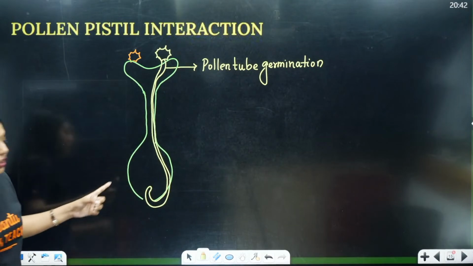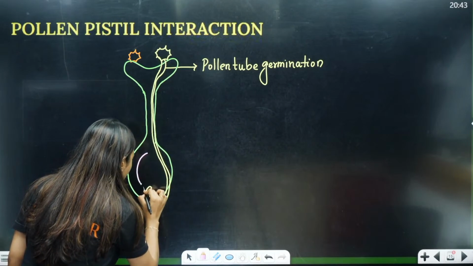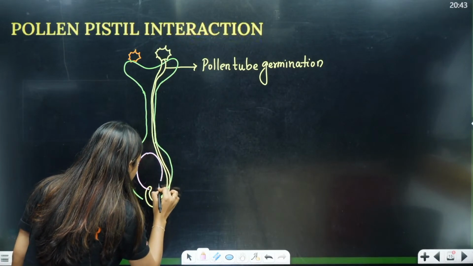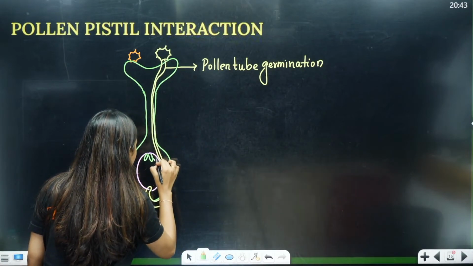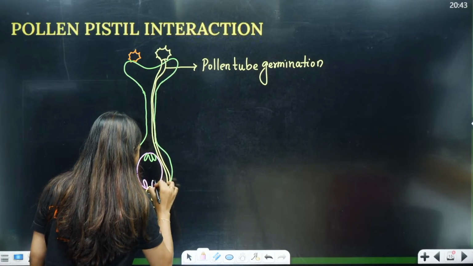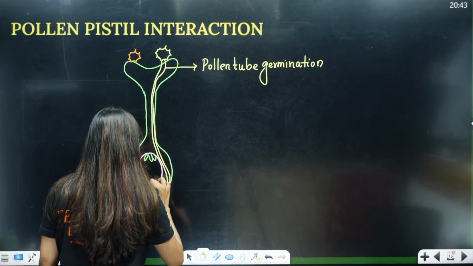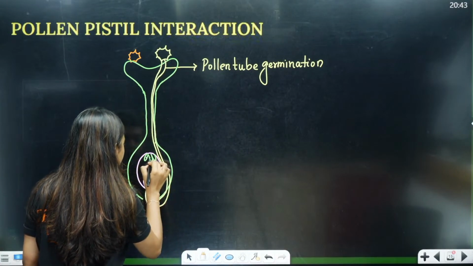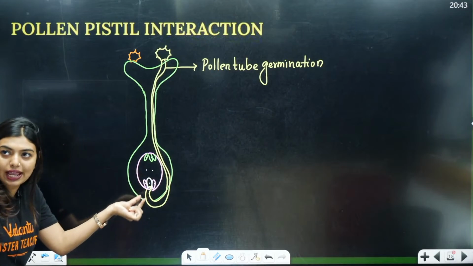It is going to enter into the embryo sac, because here you have your embryo sac. I am drawing the embryo sac here, and inside the embryo sac, who is there? Your antipodals are there, your synergids are there, as well as your egg. The egg apparatus, or your entire egg, is there, right? This is the embryo sac. So, the pollen tube is going to enter into the egg, clear.